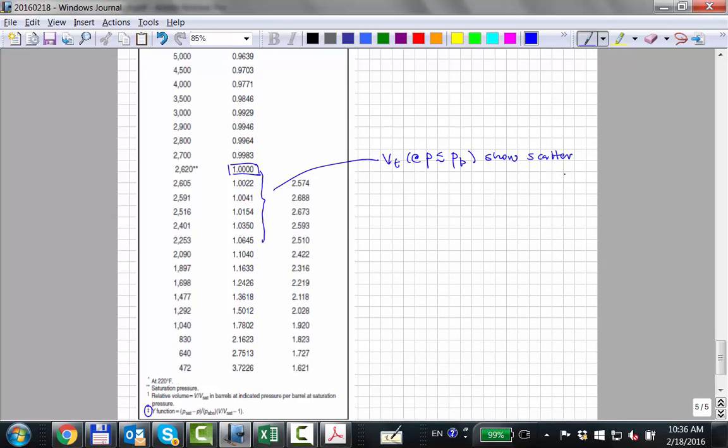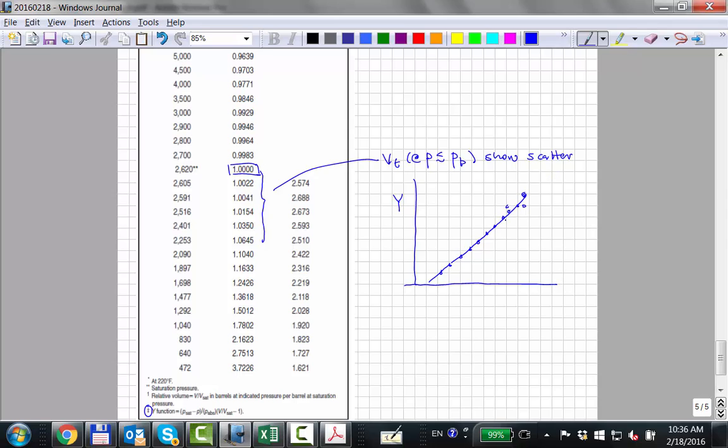And if you plot this Y function, which really nobody much does anymore, you might show some scatter, this being at the bubble point or just below it, but then this basically will get on trend, and it's pretty much a linear trend, should go up like that.